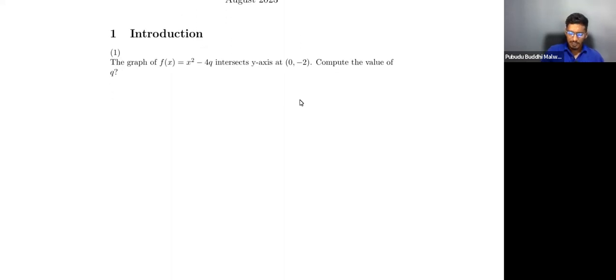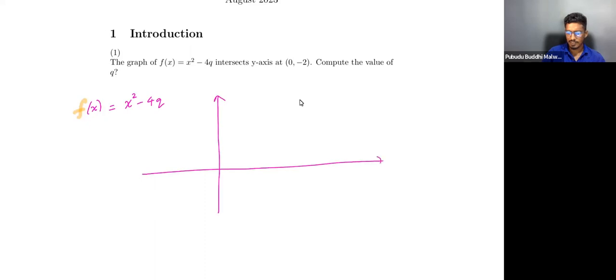a function f of x equals 2x squared minus 4q. For this problem, we don't even need to draw the exact graph, right? This function intersects the y-axis at (0, -2).